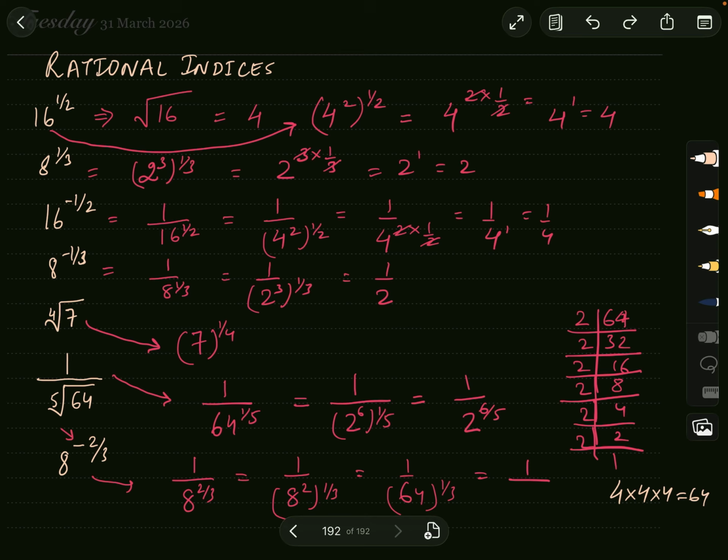So for that reason, I can write this as 4 to the power of 3 to the whole power of 1/3. And now if you solve it further, you will get 1 upon 4. This is how rational indices are taken care of.